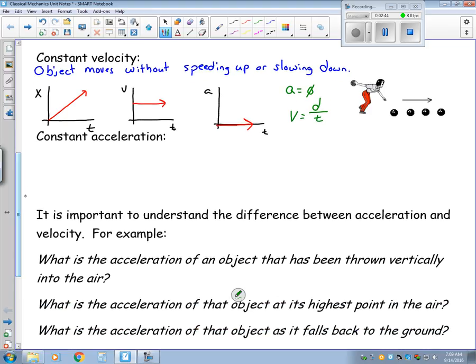The second type of motion is constant acceleration. And here we have the object's velocity changing.